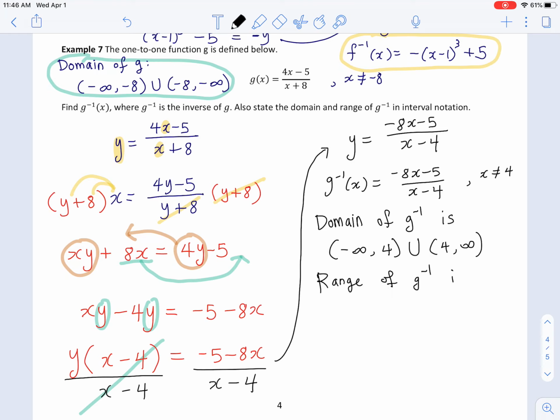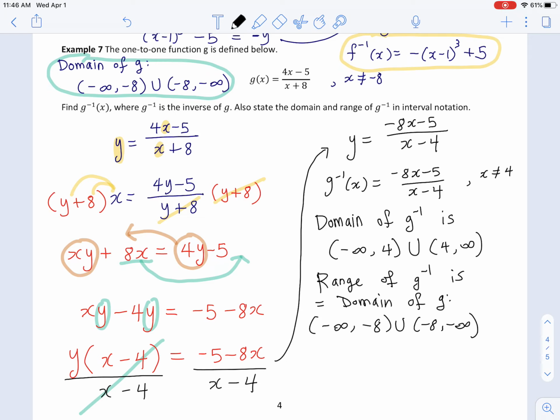So what you can do right here is simply say that the range of G inverse is the domain of the original function G, which is what? Negative infinity to negative 8 union negative 8 to positive infinity. So that's a cool way for us to find the domain and range of this inverse function.